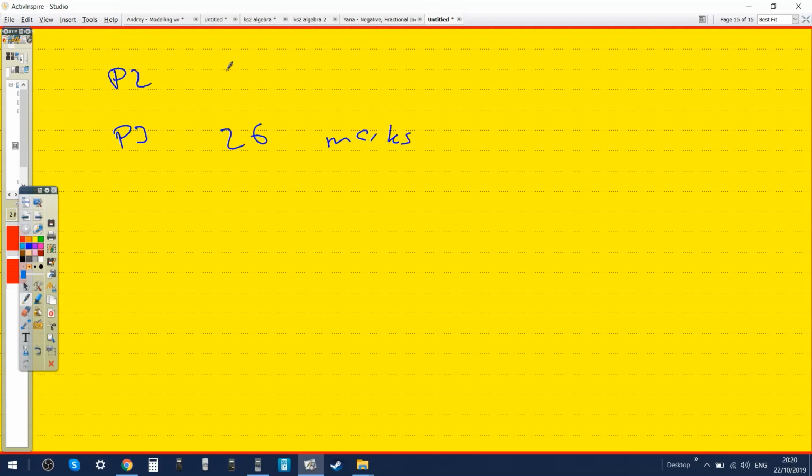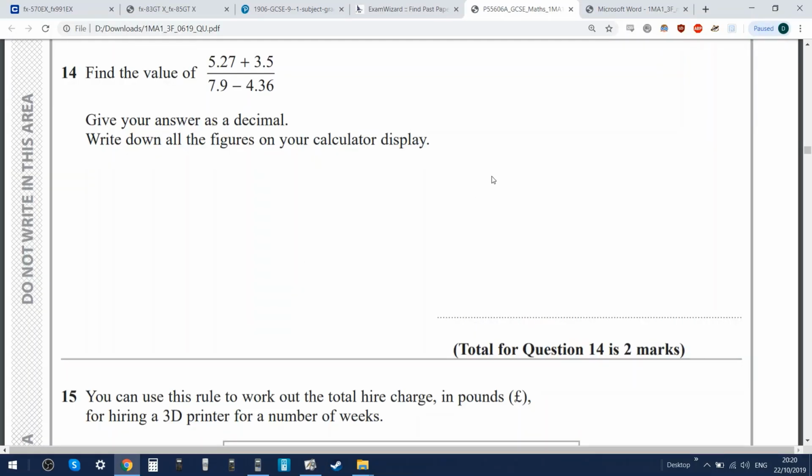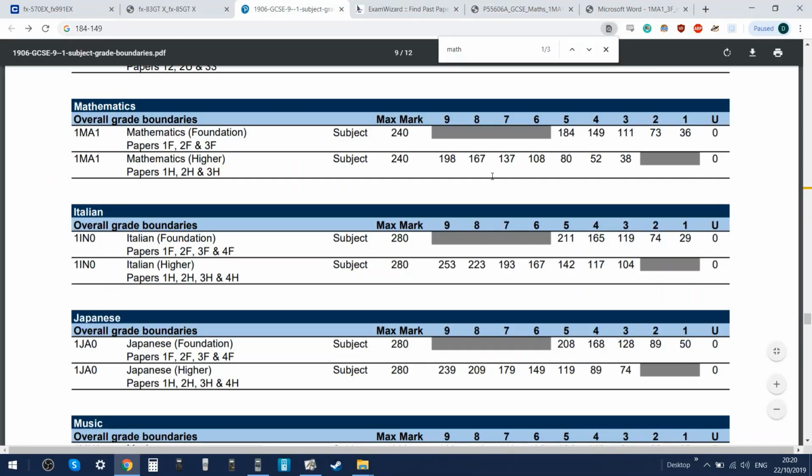Paper 2, if you saw that one, I think we got 12 or 13 marks. I would put down that it was 12 marks. And so that is a total extra number of marks of 38 marks. Even if you know nothing, you can get an extra 38 marks just for using the calculator. Now let us check this.